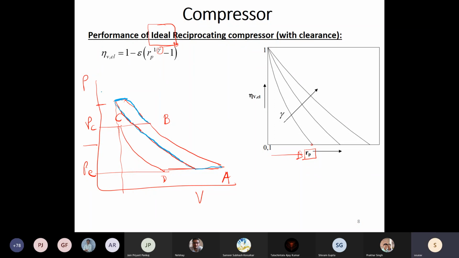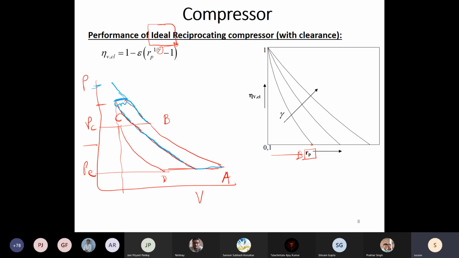If I further increase the pressure, you can realize that I may reach a condition where this cycle having 4 processes becomes a single curve. Now I reach up to this pressure Pc, where after compression I have to reach all the way till the top dead center. Over here, I still had some room for discharge.